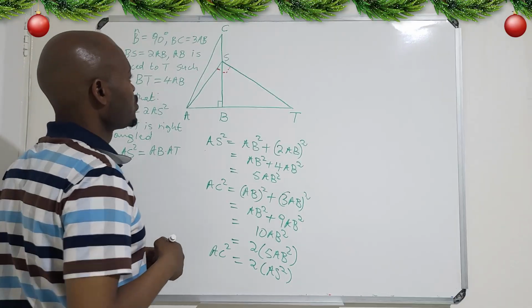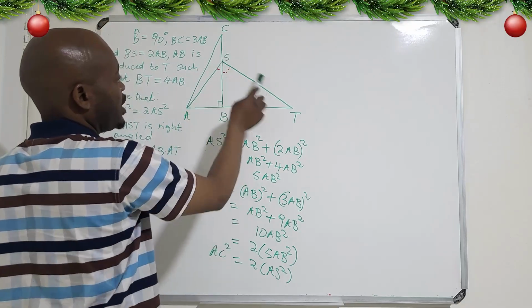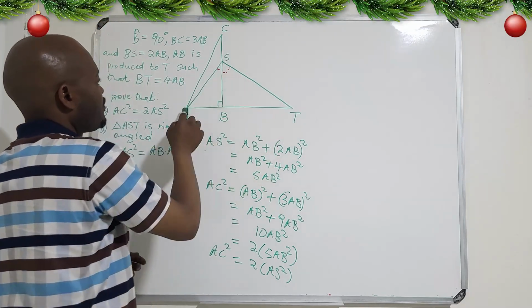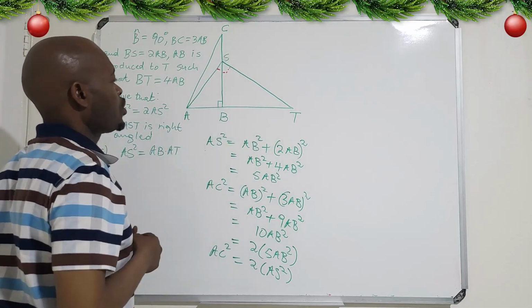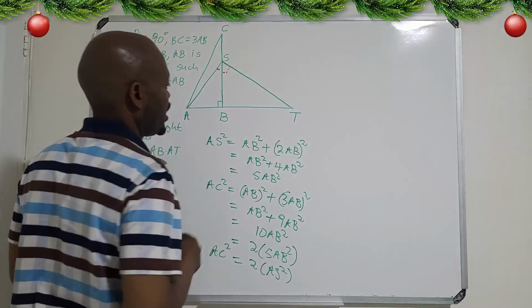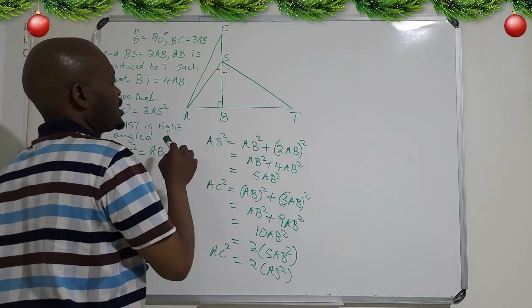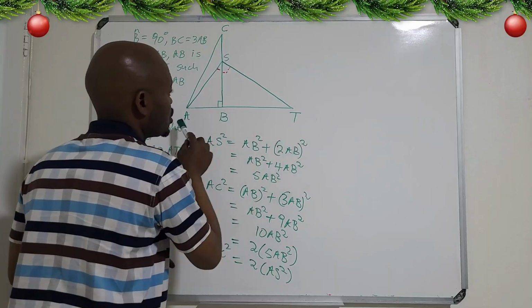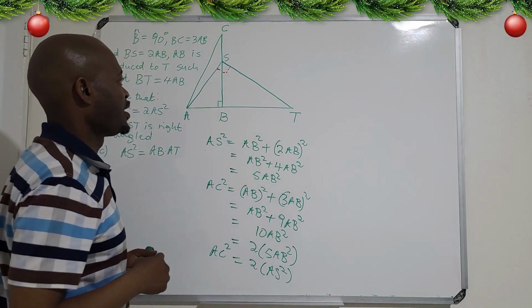For us to prove that this is a right-angled triangle, we must first find this side. When we add this side and this side all squared, once we get this all squared plus that all squared to be equal to that, then we know that this is right-angled.